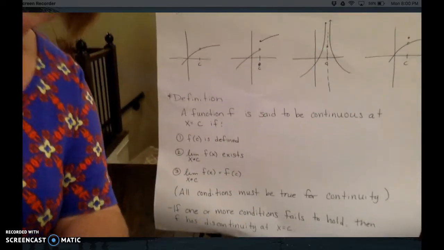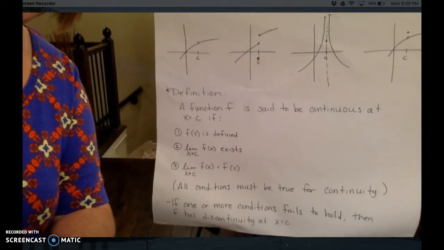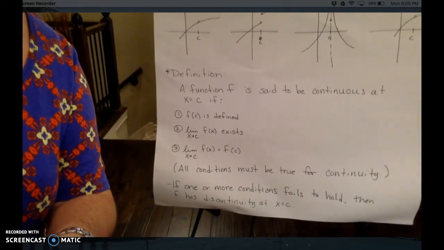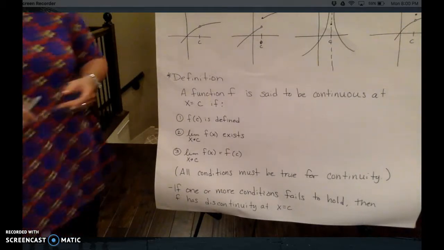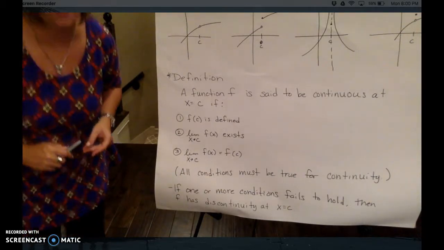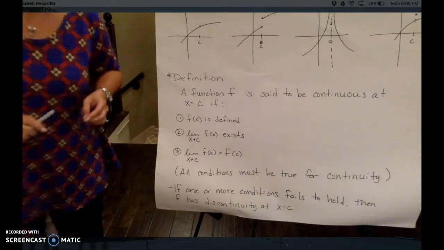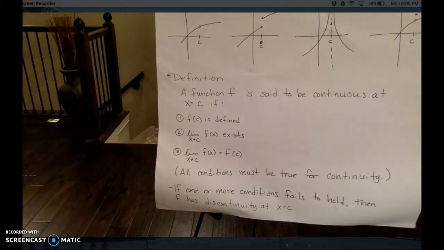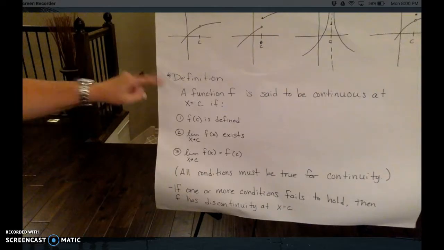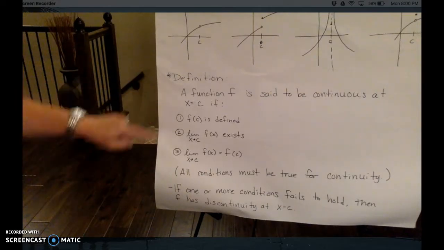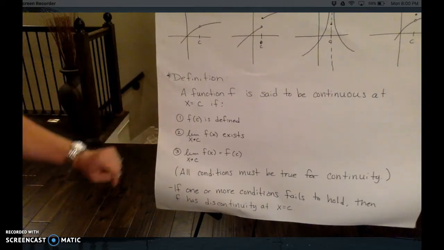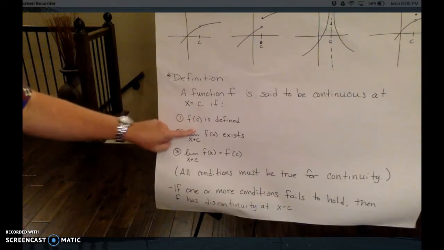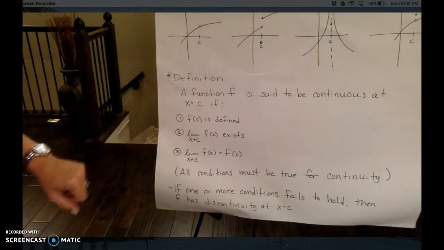So here is the definition of continuity. I think you can see that. A function f is said to be continuous at x equals c if there are 3 conditions. Number 1, f of c has to be defined.